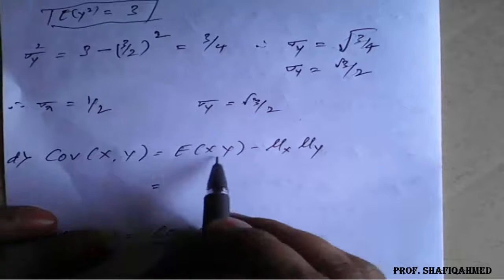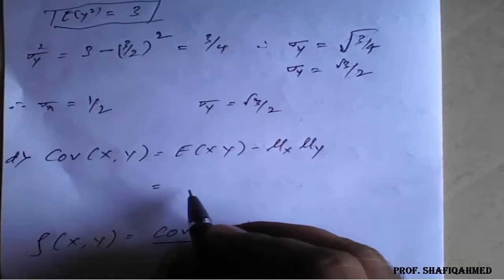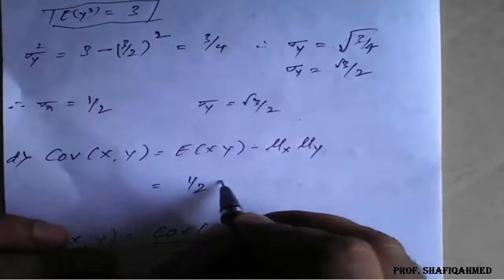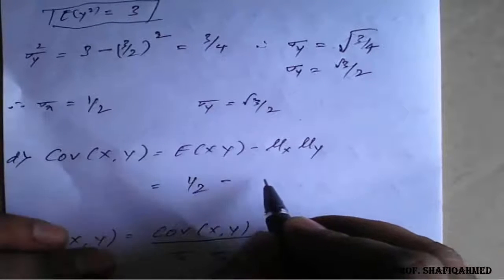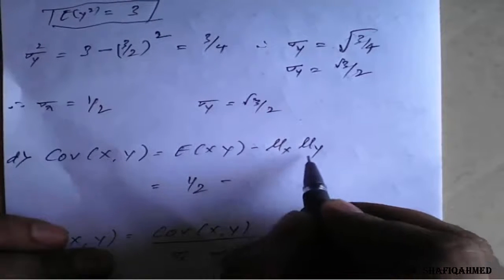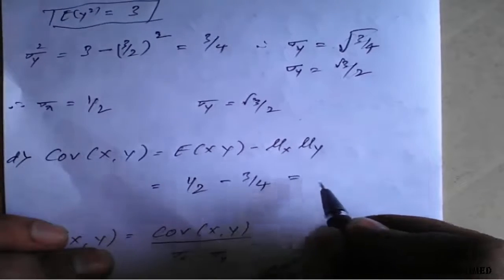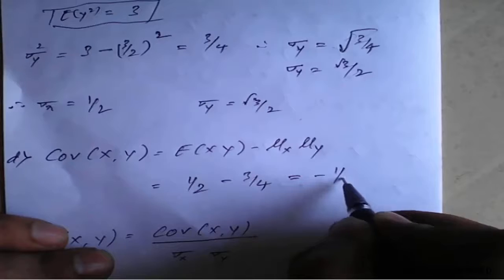For the covariance, the expectation of xy we got directly, it is 1 by 2. Minus mu of x into mu of y, which is nothing but 3 by 4. So the result is minus 1 by 4.